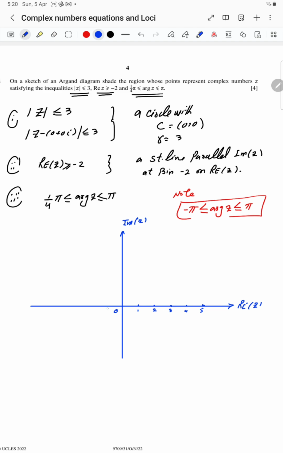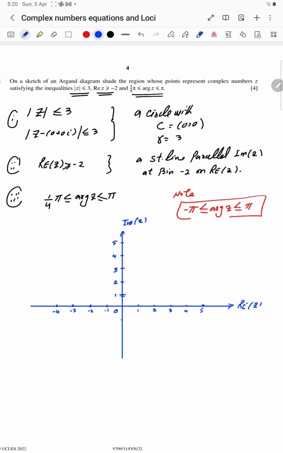Here goes the same, -1, -2, -3, -4. Then here it will be 1, 2, 3, 4, 5.